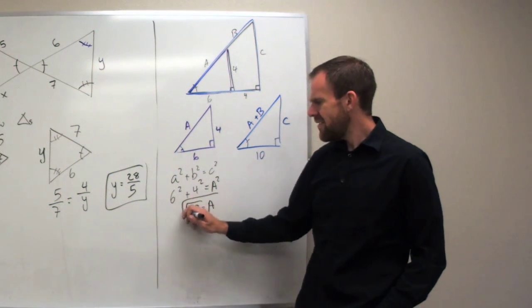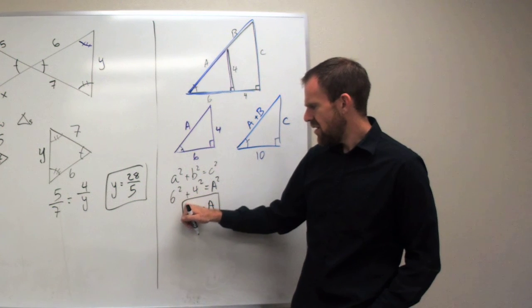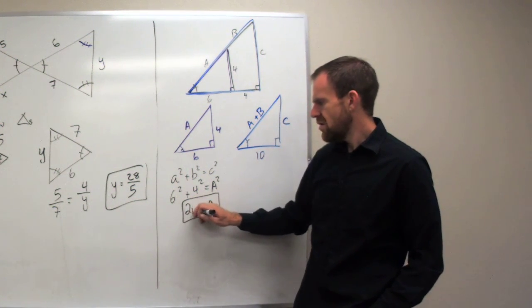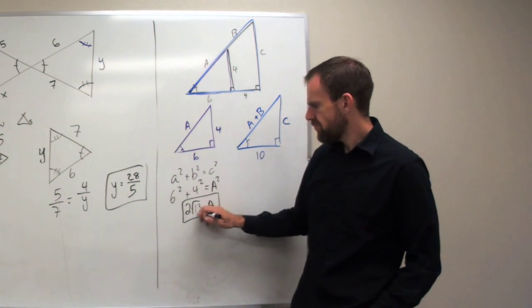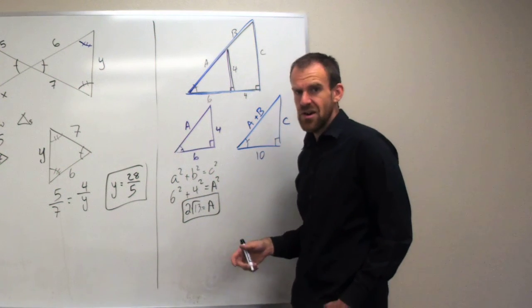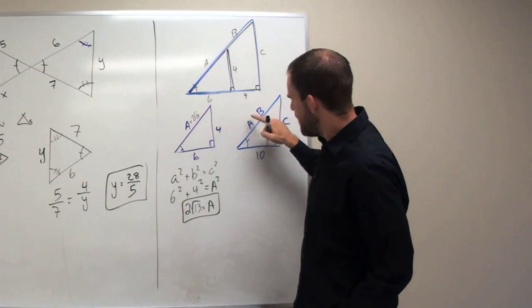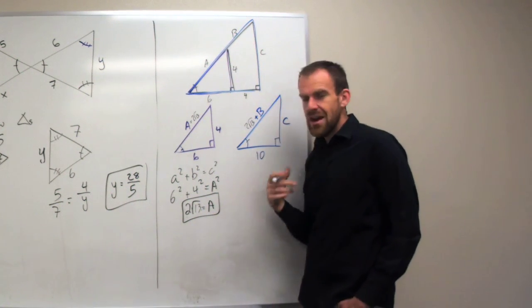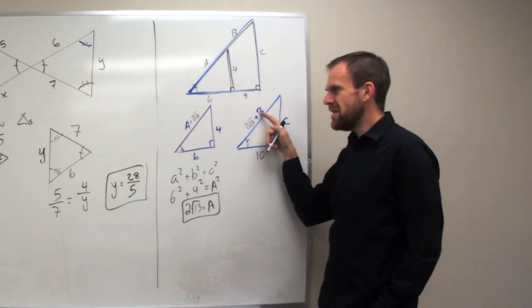Are we happy with that? No, that's ugly. But maybe I can pull out 2 there. 2 square root of 13. There we go. Okay, so that's A. So in my drawing, since I've redrawn it, 2 square root of 13. And I know that this one is now 2 square root of 13. Can I find C? That's the next one I would do because I can't really find B right now.